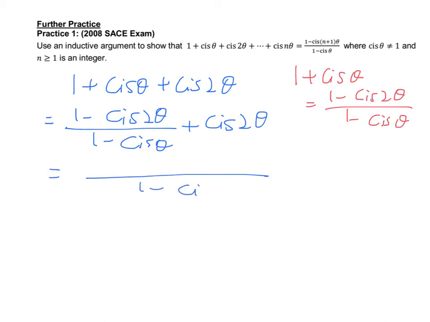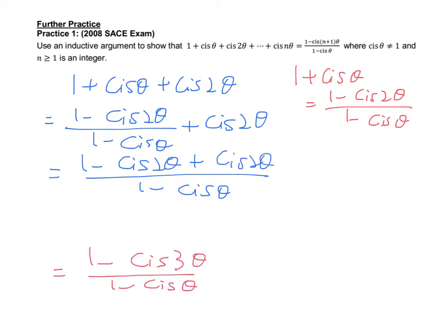You could clearly see that we are getting very close to what we need to show. We know what we're going to get in the end. Right, we know that eventually we should see this, where this is the result of replacing n equals 2, and then you should end with this. So let's continue on with the work here.